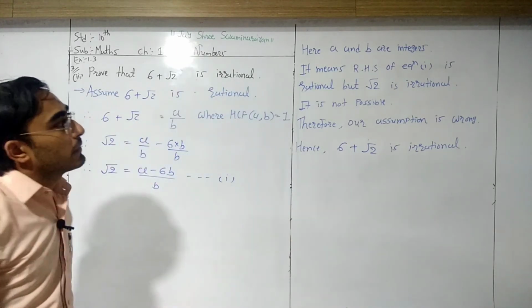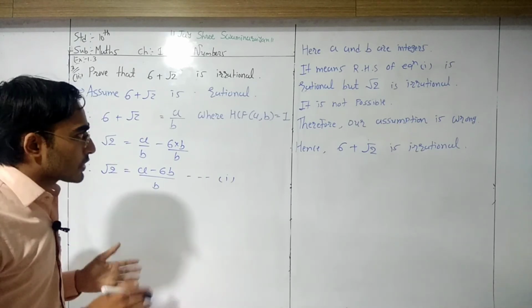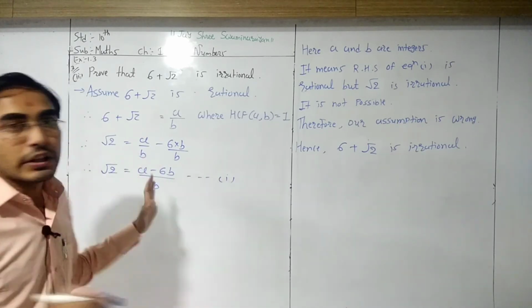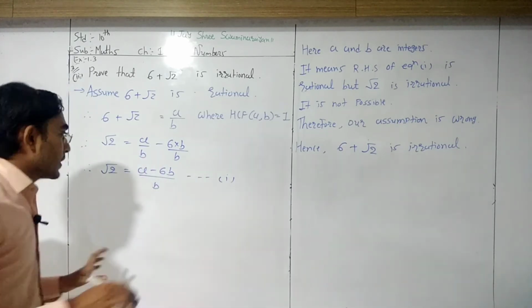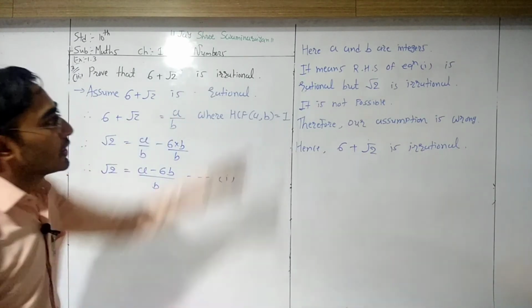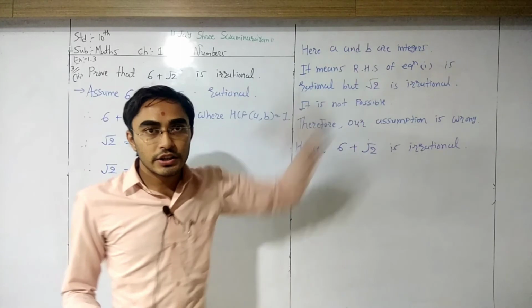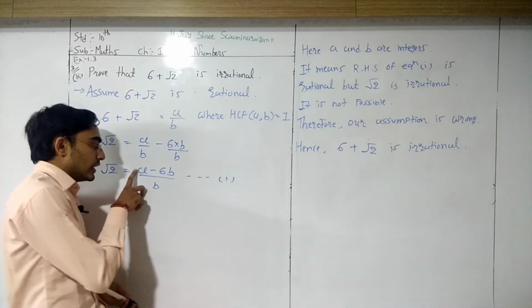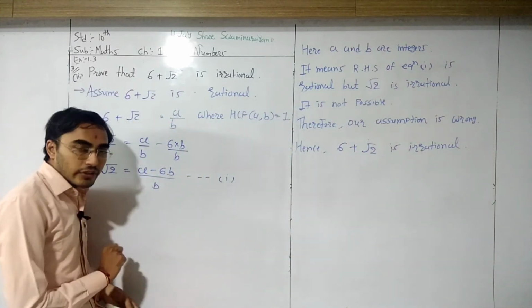After that we follow the same steps that we followed in the previous equations. Here a and b are integers, and 6 is an integer.